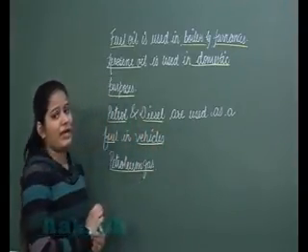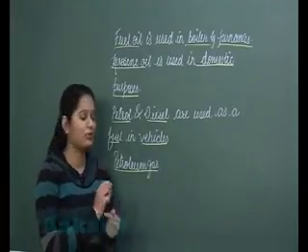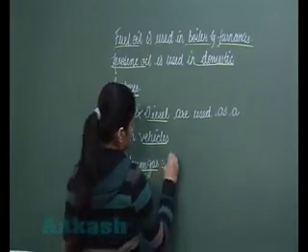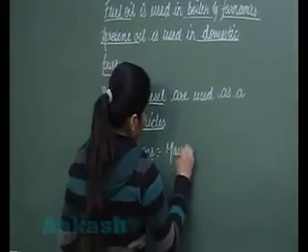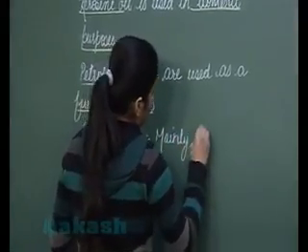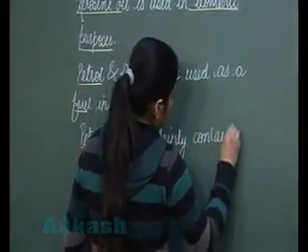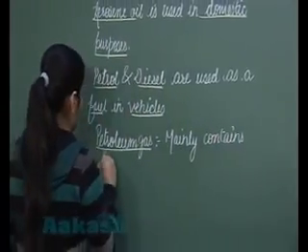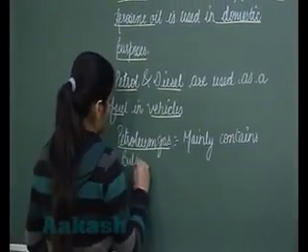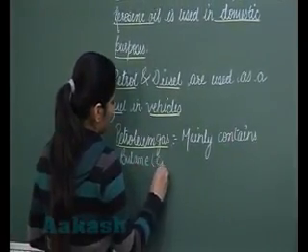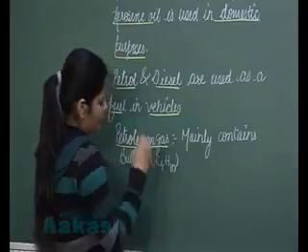Student, petroleum gas mainly consists of butane. The main constituent is butane, which is C4H10.